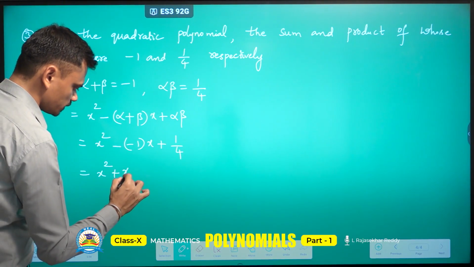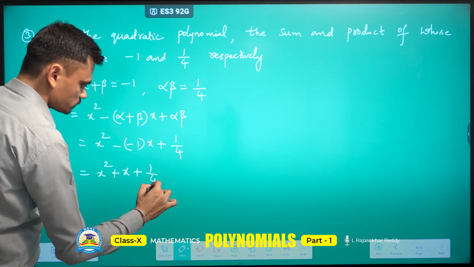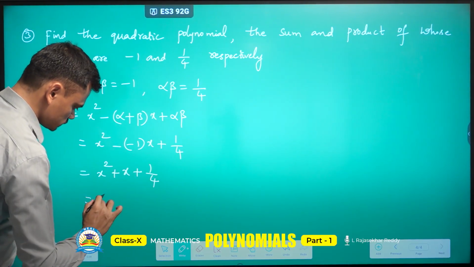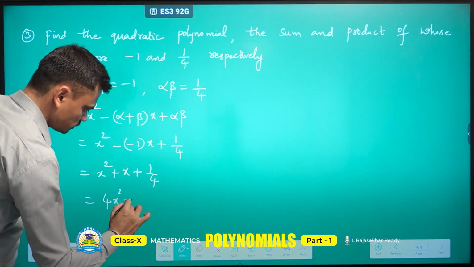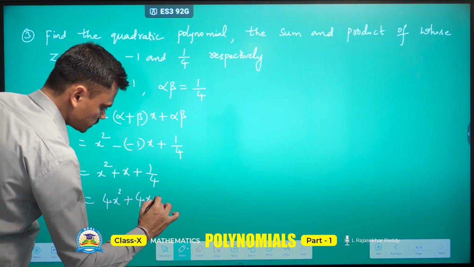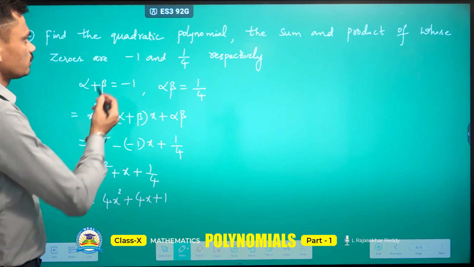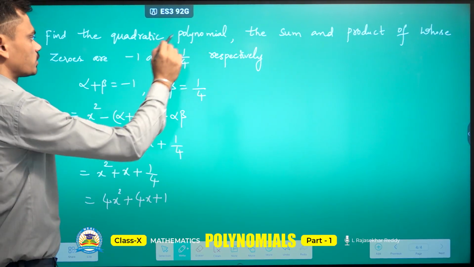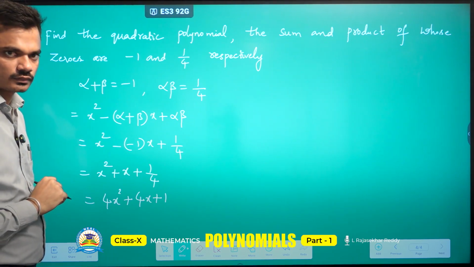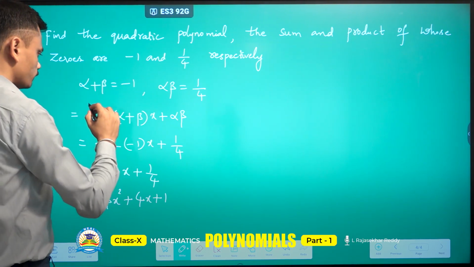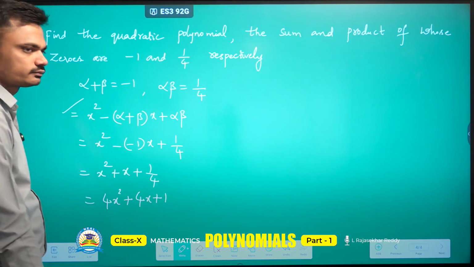So finally x square plus x plus 1/4. Here the denominator is 4, right? You can write 4x square plus 4x plus 1. So this is the required quadratic polynomial when they give the sum and product of zeros. To find the quadratic polynomial, follow this condition.